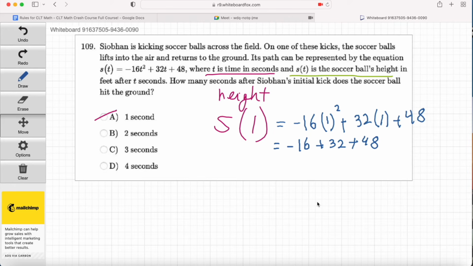Okay, great. Let's plug in a 2 for t. So we'll find S of 2. I'll clear some space here.